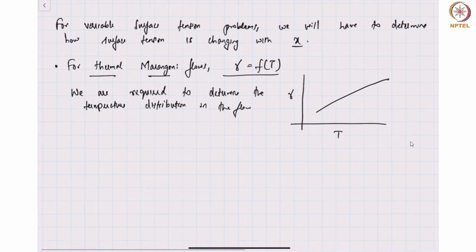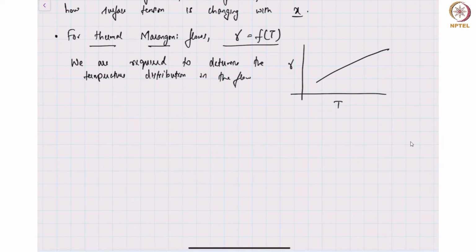Similarly, we also have what is called solutal Marangoni flow. In this case, gamma, the surface tension, could be a function of some concentration.